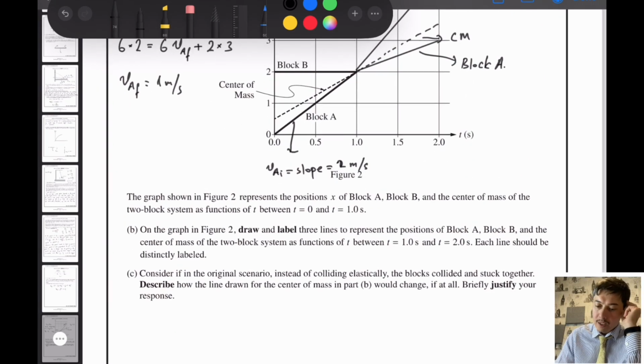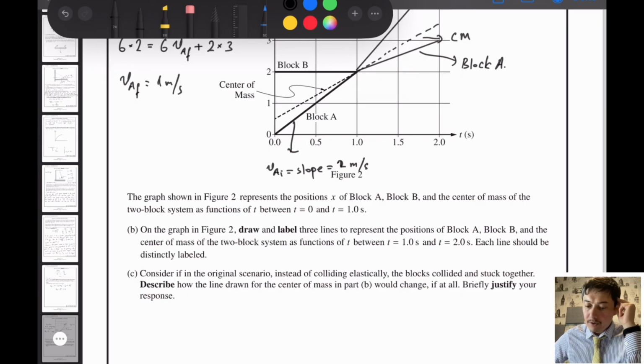Next question. Consider if in the original scenario, instead of colliding elastically, the blocks collided and stuck together. Inelastic collision. Describe how the line drawn for the center of mass in part B would change, if at all. Briefly justify your response.